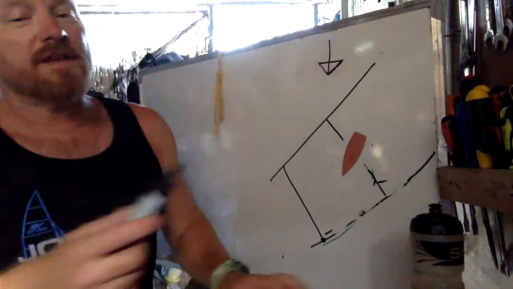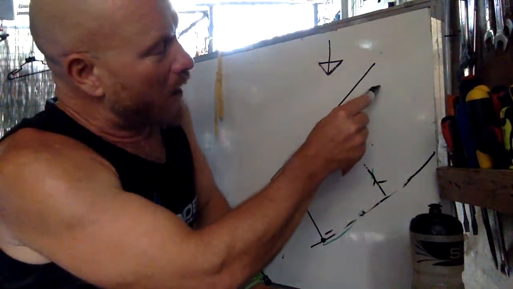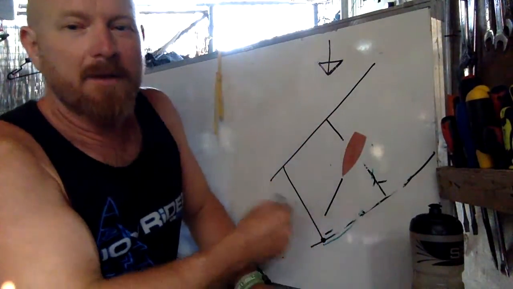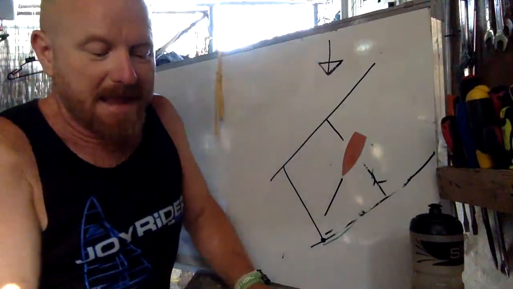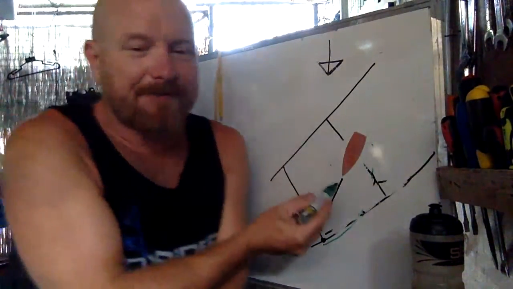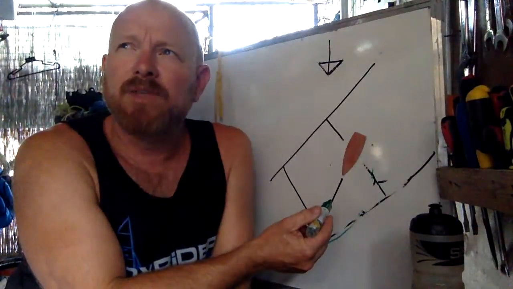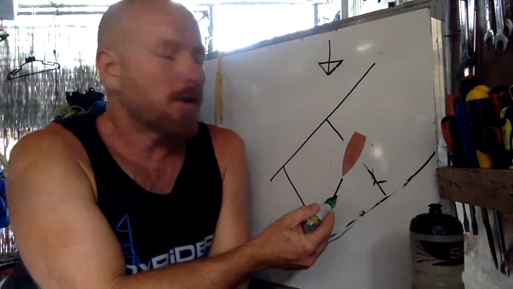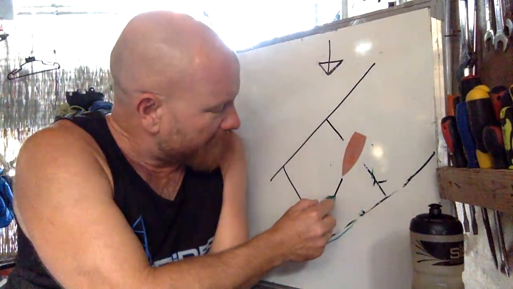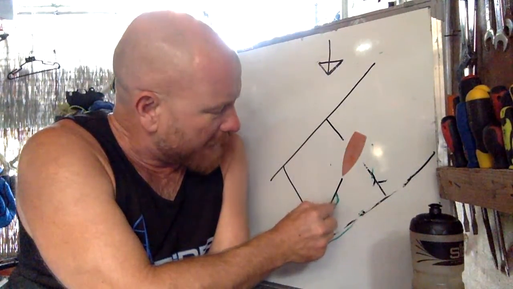Now, what this will do is it will make the whole rig a lot flatter. But for me, the reasons I don't like it is because if the sail isn't perfectly flat, the center of effort is going to be much further back.